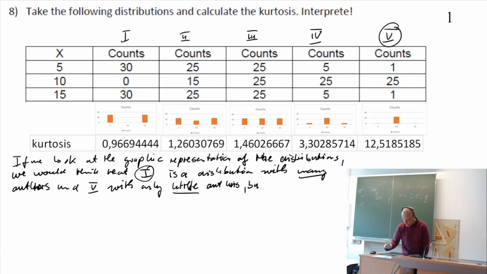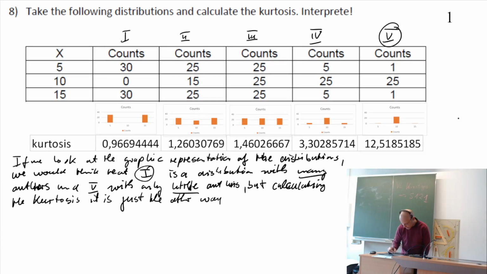But calculating the kurtosis, it is just the other way around, because here we have this kurtosis of 12, which is much greater than 3, and here we have 0.1, which is much smaller than 3.